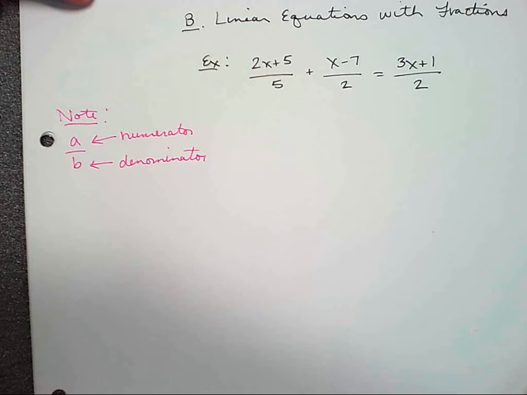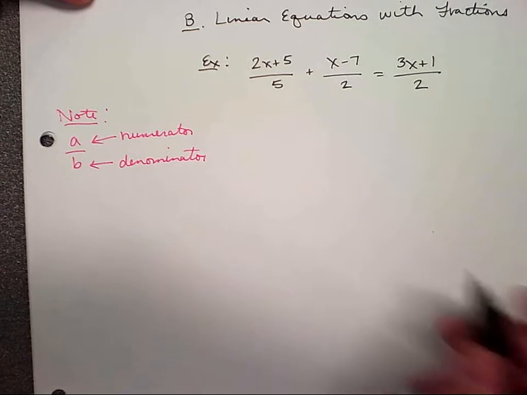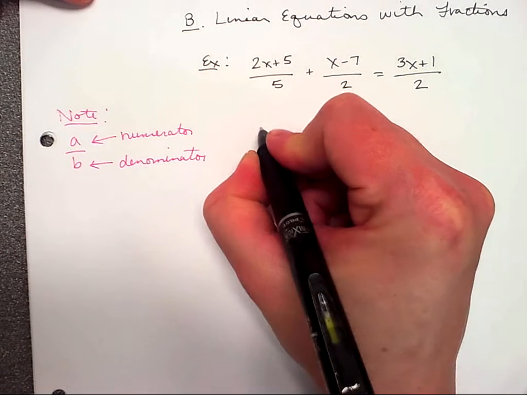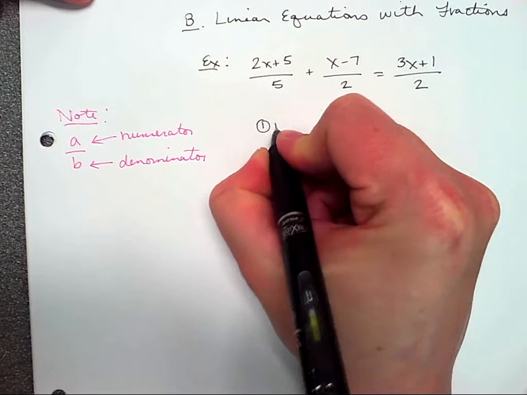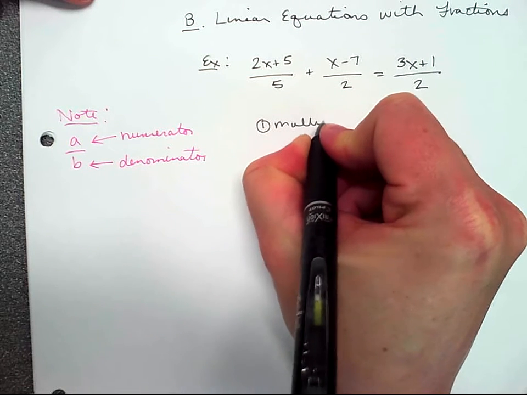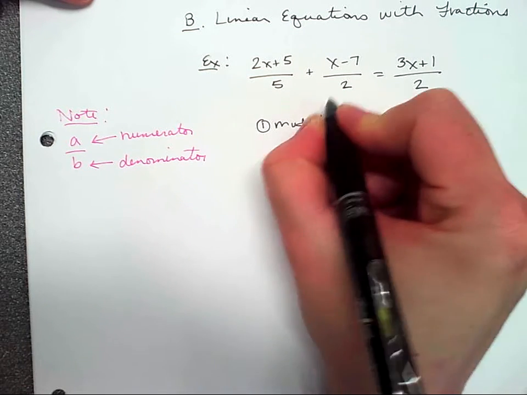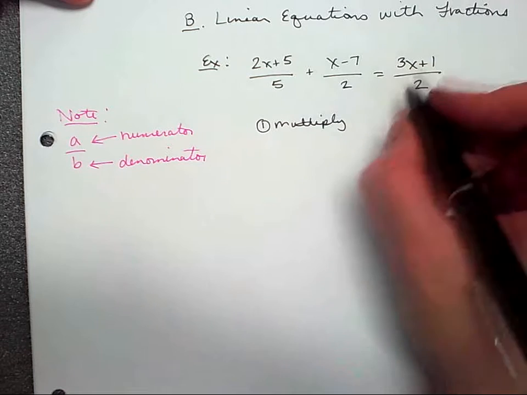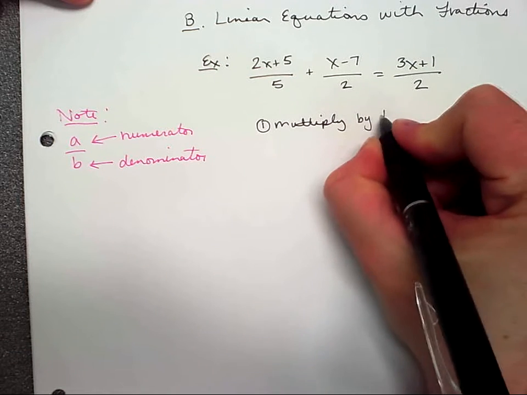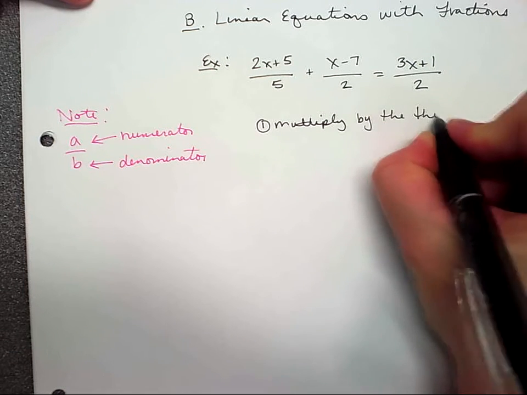Okay? So in order to get rid of that, we want to multiply by the least common denominator. So step 1 is multiply by the least common denominator.